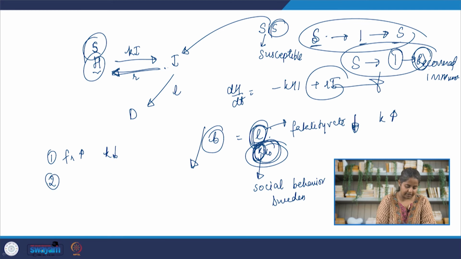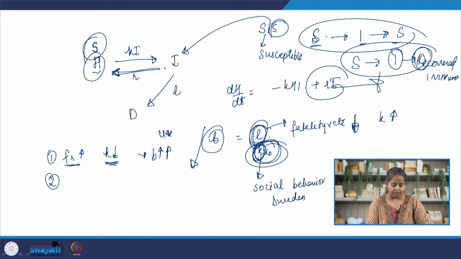So let's look at the second extreme. When fatality rate is very high and K is low, the disease doesn't spread very easily and it almost always kills. In that case, what is going to happen is that we are going to have a very high B. So in this case, the disease is going to limit itself. U star is going to be small.